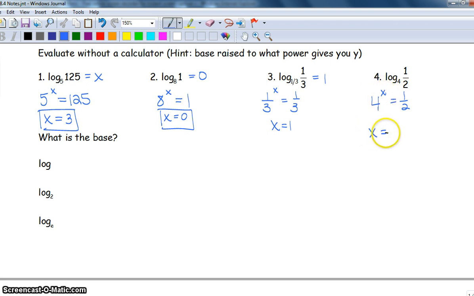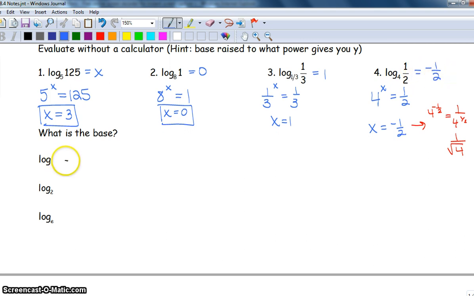And that exponent is going to be a negative 1/2. Because if I had 4 to the negative 1/2, that means I would move it to the bottom to get 1 over 4 to the 1/2. 1/2 is really the square root, and the square root of 4 is 2. So in this case, this is equal to a negative 1/2.